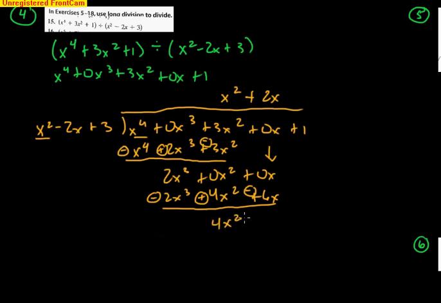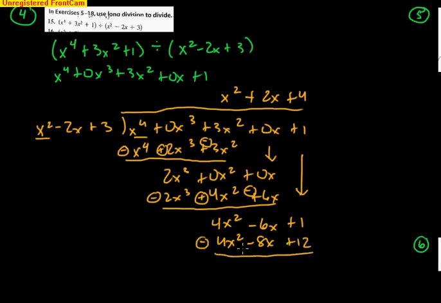We get 4x squared minus 6x. Bring down the plus 1. Last thing brought down, last step here. To make x squared become 4x squared, times it by 4. 4x squared minus 8x plus 12. Change your signs. Combine. 4x squareds cancel. Positive 2x, negative 11.